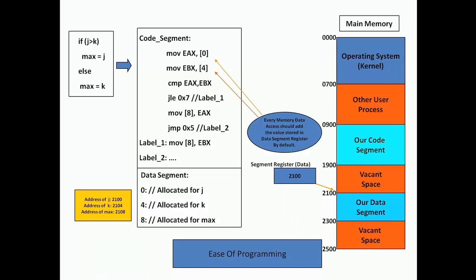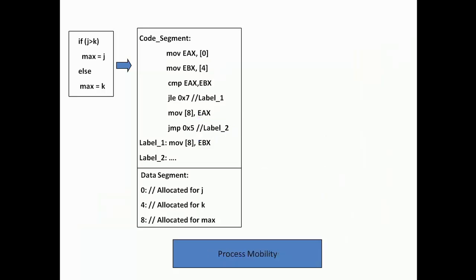So, ease of programming essentially from the compiler's point of view, it assumes that it is 0 and leave everything else to the architecture to manage. So, as you see at all these places, the addresses will translate to 2100, 2104 and 2108 by the procedure that we have stated here.